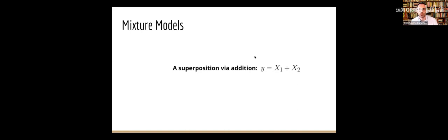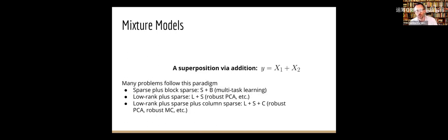So for example, we could think about superposition of models or of different statistical structures by addition. Stylistically, I'm not actually thinking about just the sum here, but about x1 as representing one kind of model and x2 another. This type of problem captures a lot of work done by many people in the community, not just my group by any stretch.